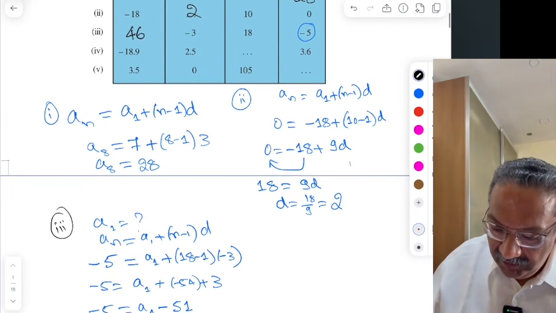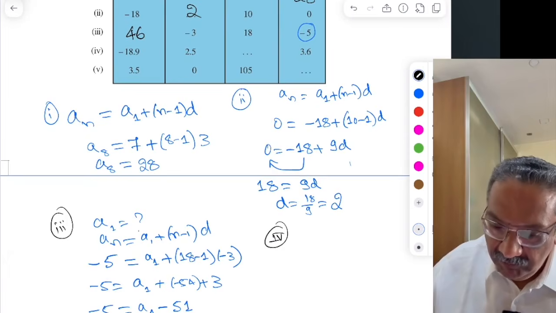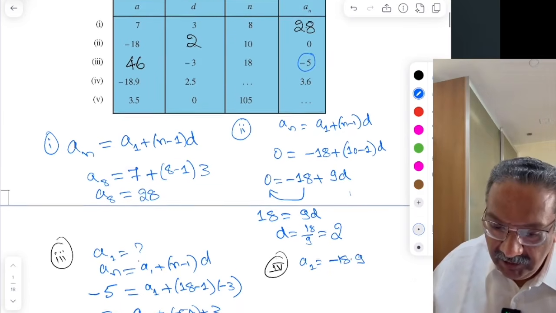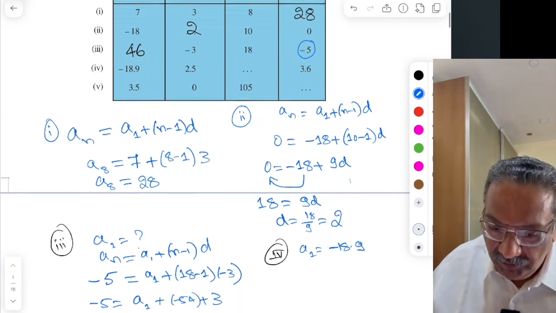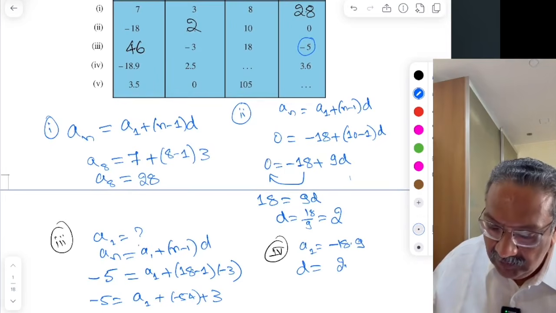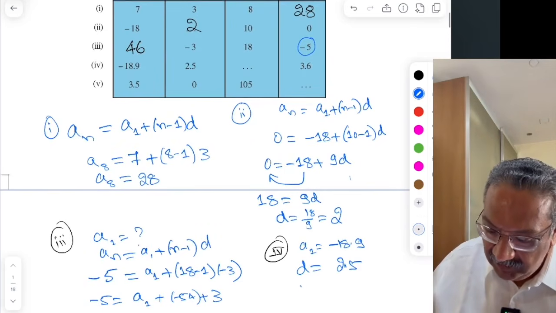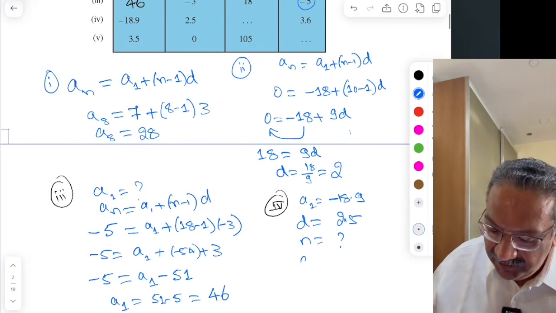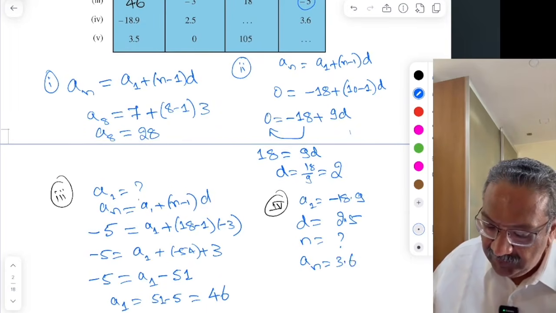Next, let's come to the fourth one. In the fourth one, what they have given: A1 is equal to minus 18.9, common difference D is equal to 2.5. N is not known, and n is what we have to find. AN is 3.6.